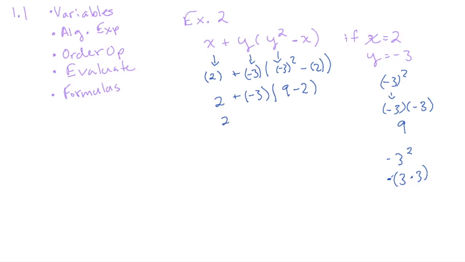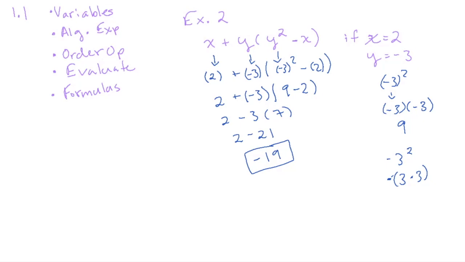And then we can make this negative 3 times 7, which gives us 2 minus 21, because negative 3 times 7 is negative 21. 2 minus 21 gives us negative 19. Did you get that? Okay, great.